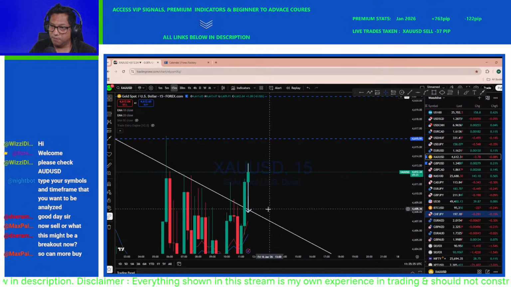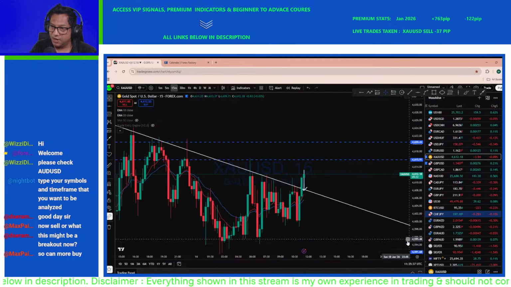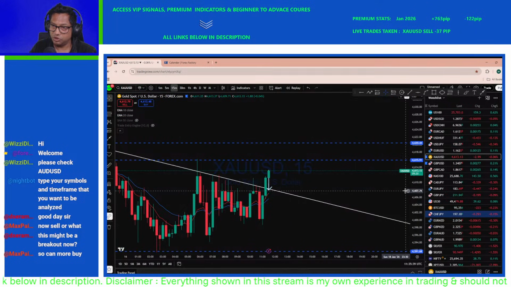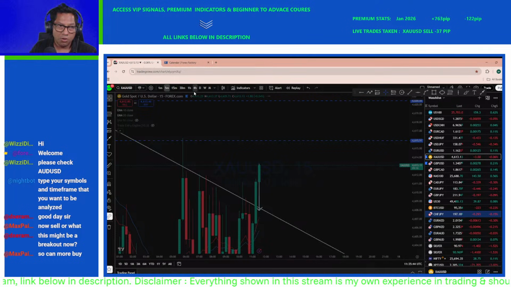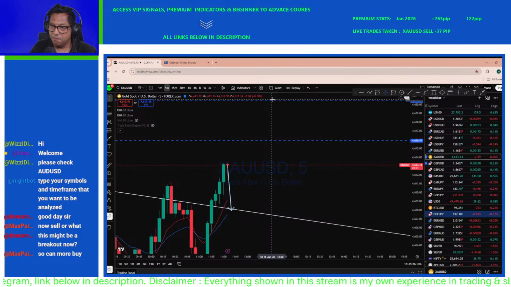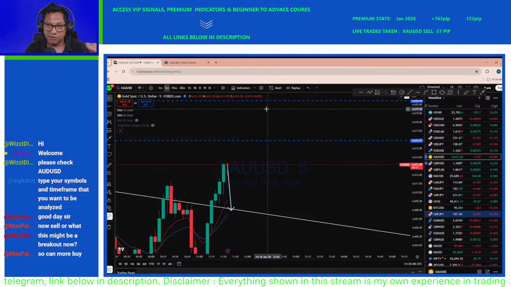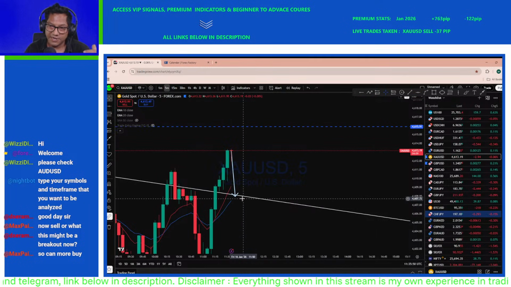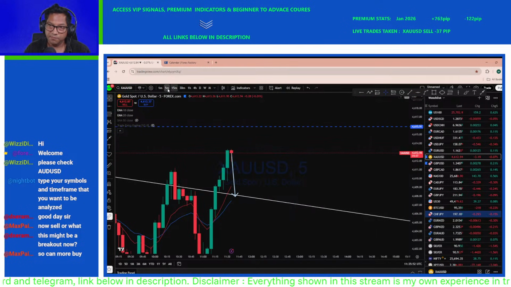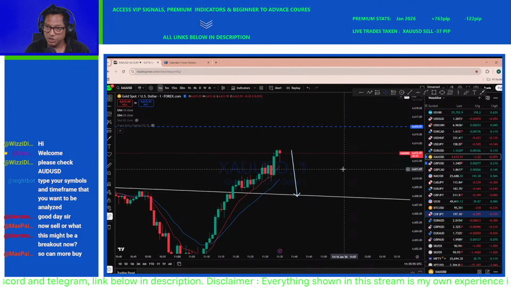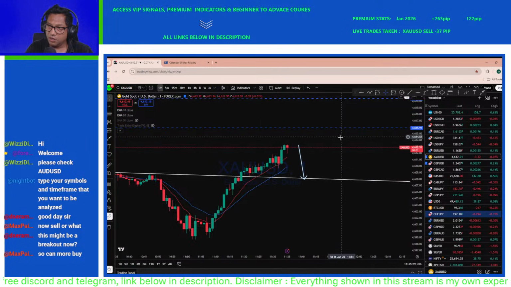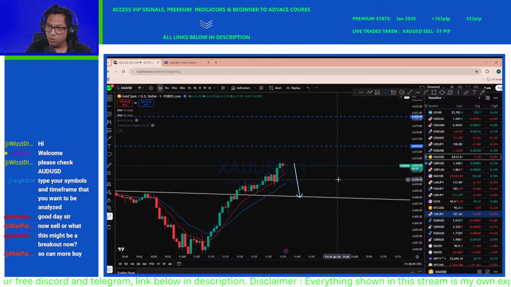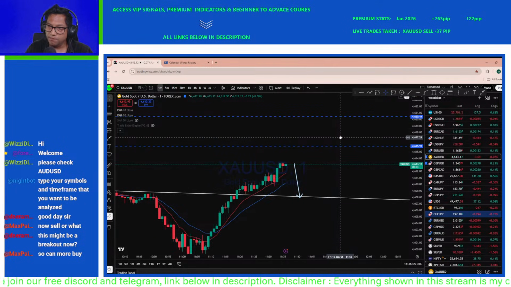Therefore, breaking below can give us an entry criteria potentially for an upside bias here, because it created a new momentum back to the upside. There is a crossover of the 10 and 20 MA showing that this is eventually a bullish trend, a bullish market. So breaking below can be an opportunity for us to go long.